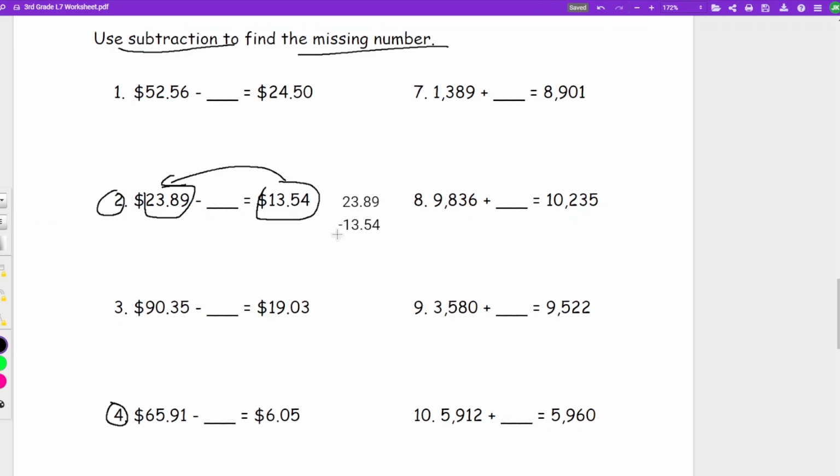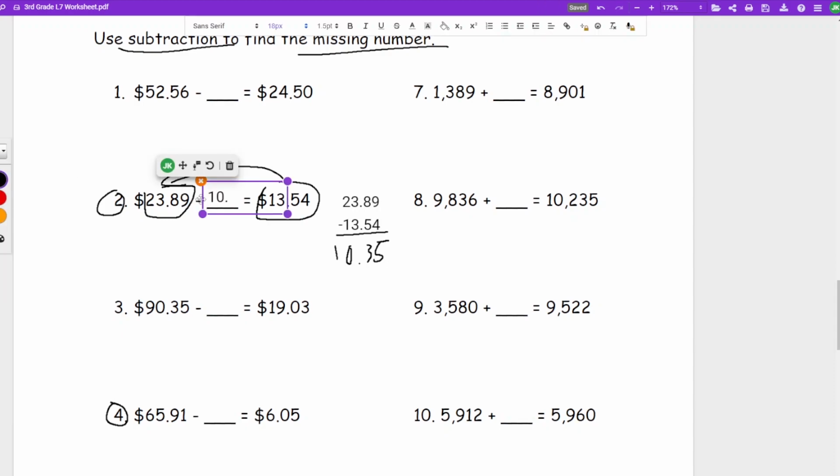So 9 minus 4, that's 5. 8 minus 5 is 3. Remember to put the decimal. 3 minus 3 is 0. And 2 minus 1 is 1. So our answer right here is 10.35.